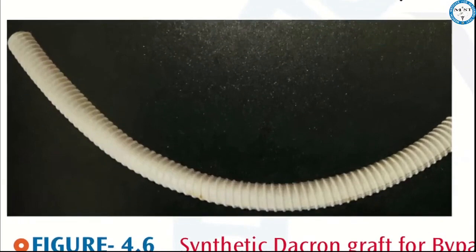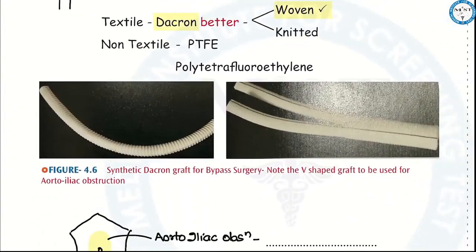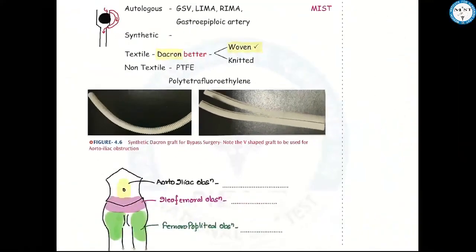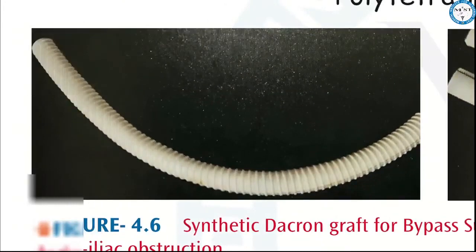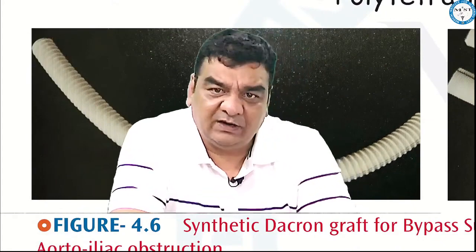These are made of textile or cloth material, Dacron graft. These are also available as non-textile material, that is a polytetrafluoroethylene graft, PTFE graft. Textile versus non-textile. Beta, tell me, which would be better, the cloth one or the one without cloth?